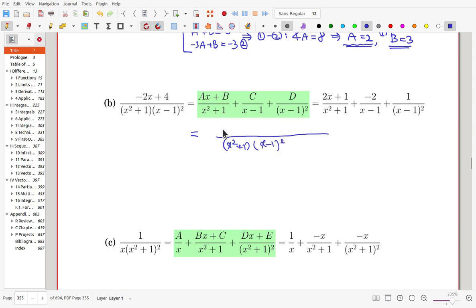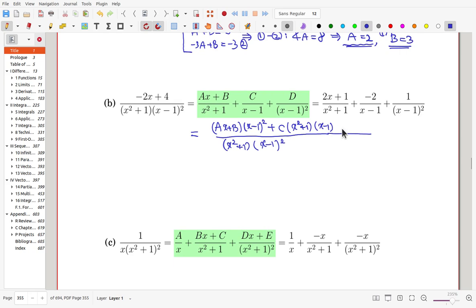And for the top, here, ax plus b, and now the extra term must be x minus 1 squared, right? And for the second one, c times, we have to have here x squared plus 1 and x minus 1, right?